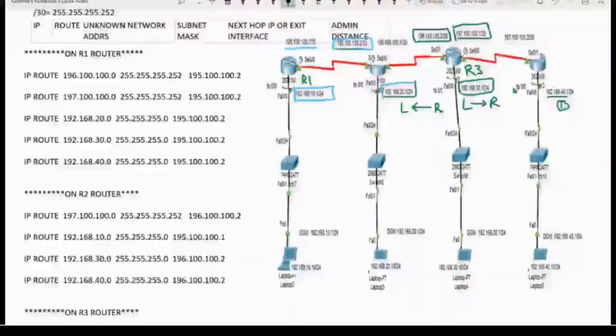Simply saying, after the directly connected routes, the router gives more preference to static routing, not dynamic routing, because an administrator manually configured the static routes. Router anyway gives first preference to directly connected networks, and secondly to static routing.